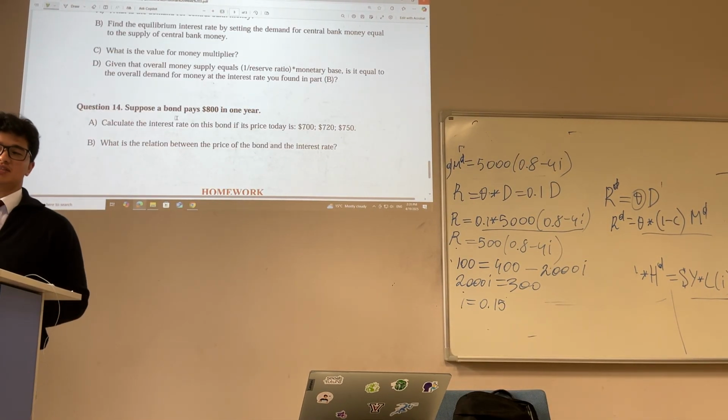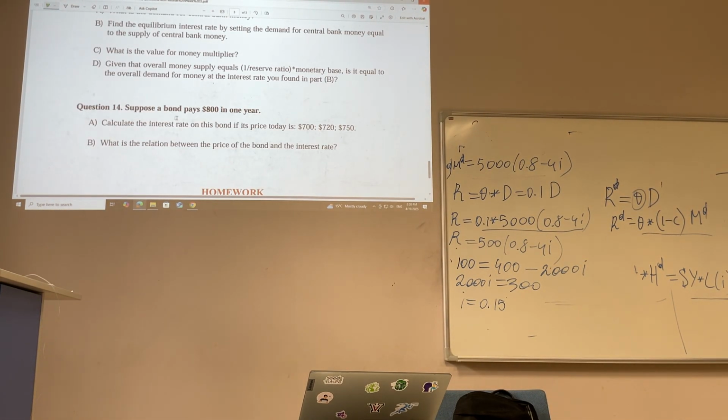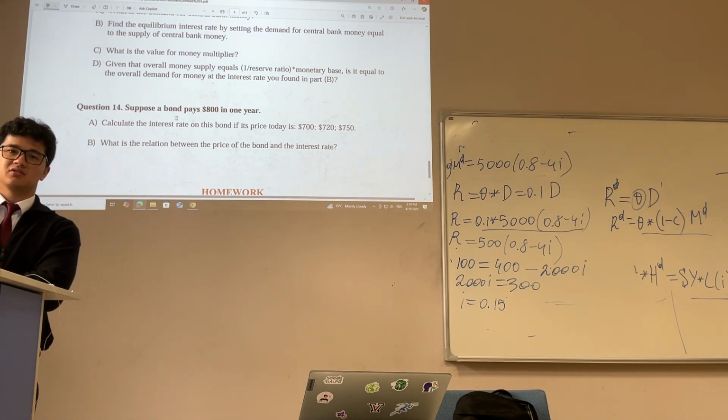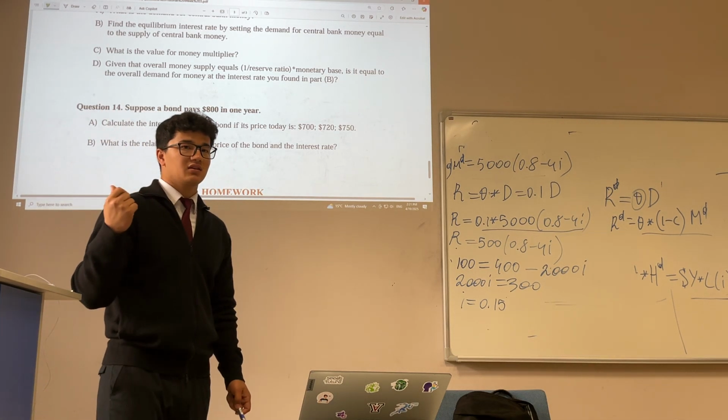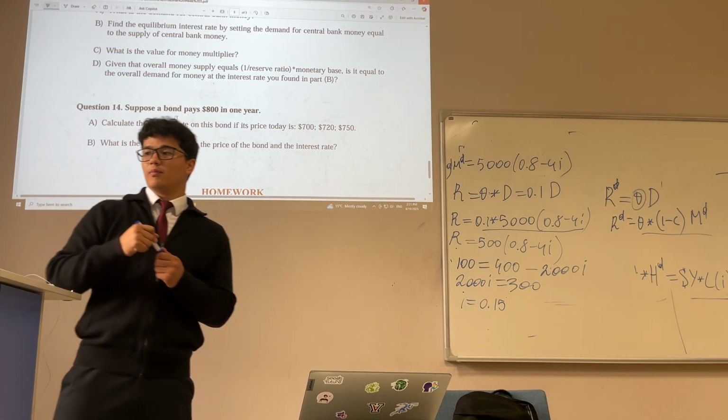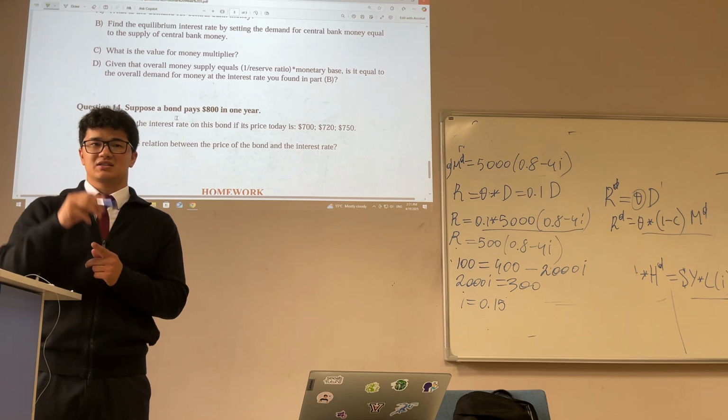Given that overall multiplier, I think I explained it. Multiplier multiplied by monetary base, 100 billion, gives 1 trillion. That's supply, and our demand was 5 trillion. So what multiplied by what? Reserve ratio was 0.1, right? 1 over reserve ratio is the money multiplier, which means 10.